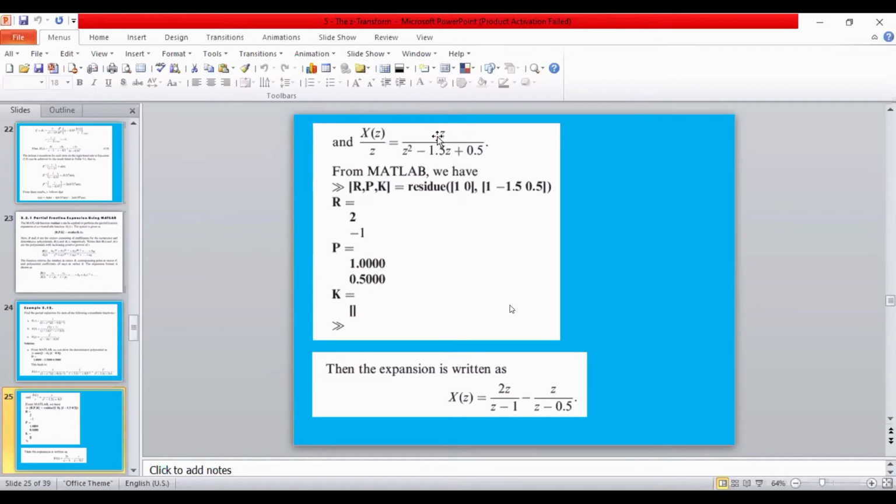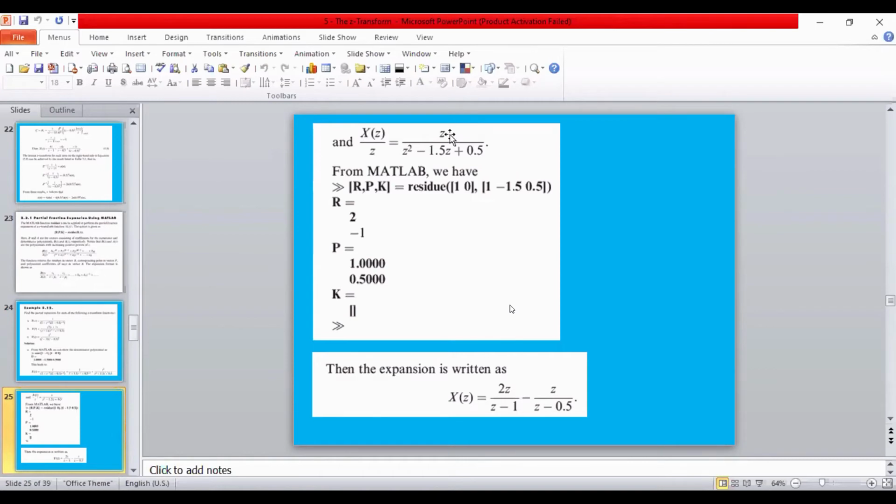So the first vector corresponds to the thing in the numerator. In the numerator we have z raised to the power of 1. So we have a coefficient 1 because no number is in front. So 1, right? And we write 0 for the constant term, because otherwise, imagine you would have something like plus 0.2, for instance, or minus 0.3, a constant term, or in other words, z raised to the power of 0.